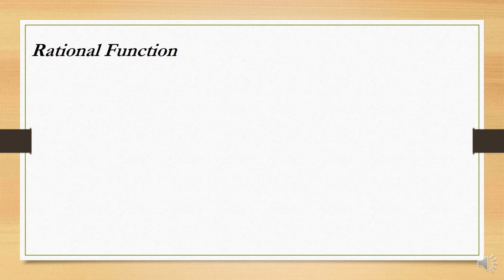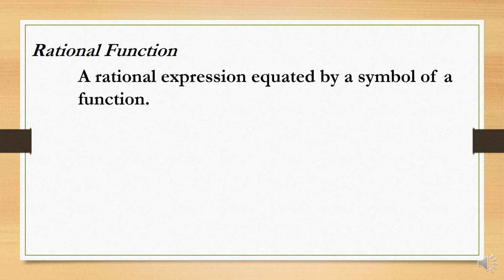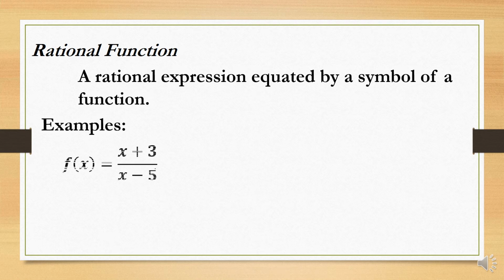Let us now discuss rational function. So how will we know if it is a rational function? A rational expression equated by a symbol of a function. Examples, we have f of x is equal to x plus 3 all over x minus 5.